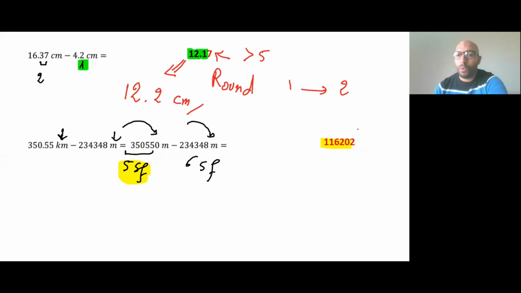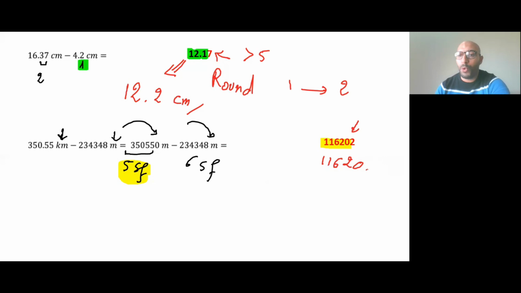These 2 we will not choose. But if we round these 2 to the 0, what's the result? 116,200. How many significant figures? In this case, we don't have 5 significant figures. We have only 4. So what we will do in this case? In this case, we will erase this 0.